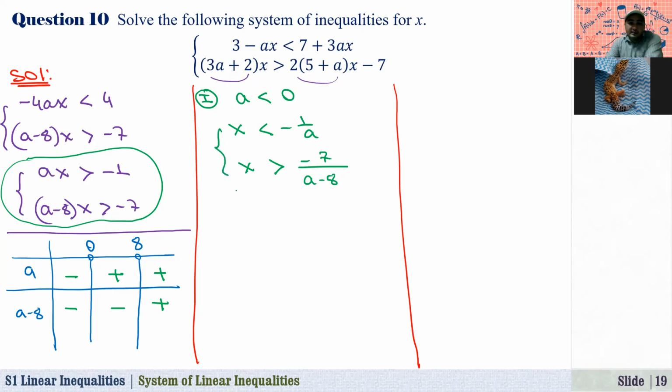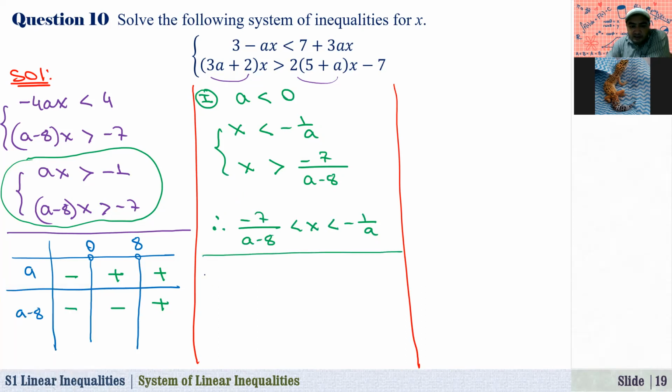Since a is negative, minus 1 over a is a positive number. And minus 7 over a minus 8, that is a negative number. So I can just combine these two: minus 7 over a minus 8 less than x less than minus 1 over a. That's our first case.